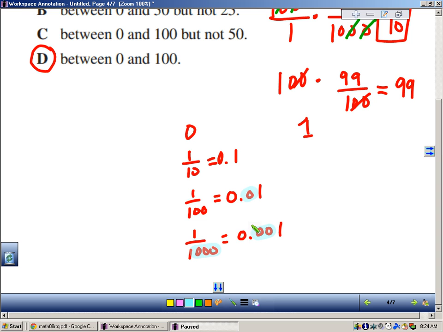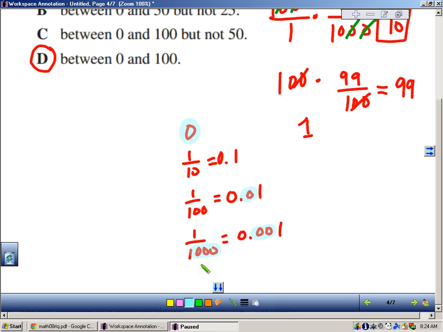I can make that as large as I want. And so these values can get really, really close to zero. And when you multiply 100 by these values, 100 becomes closer and closer to 0.